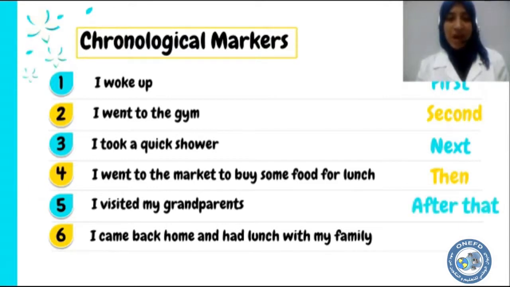After that, I visited my grandparents. And finally, for the last activity, we say, I came back home and had lunch with my family. So here first, second, next, then, after that, and finally, are chronological markers that help us to order our activities without saying the exact time.